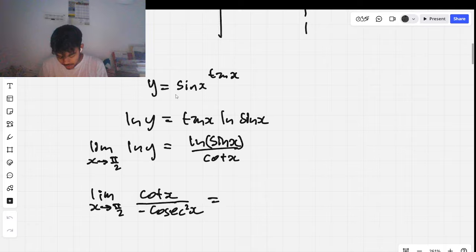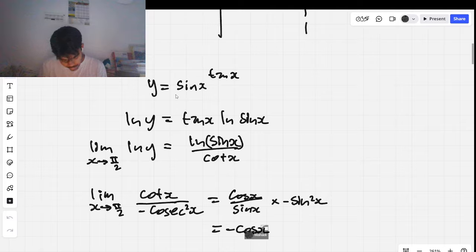I can rearrange this very quickly. This becomes minus cos x sine x over... minus cosec squared sine squared x.